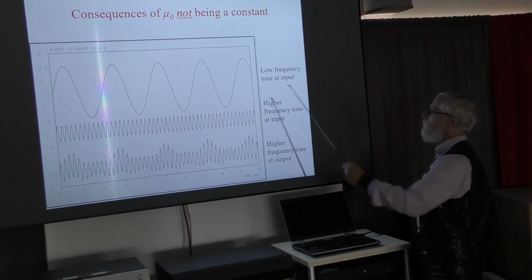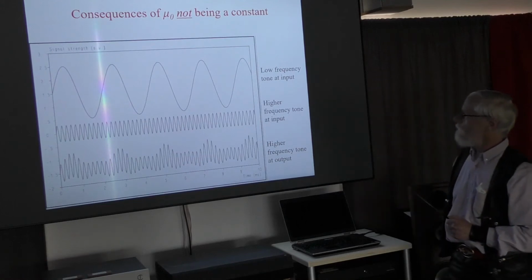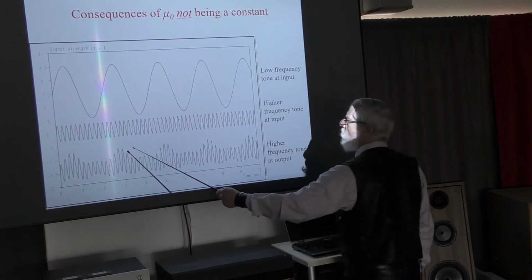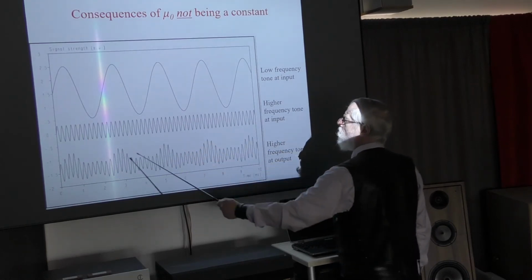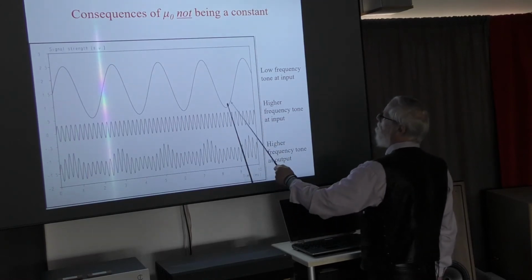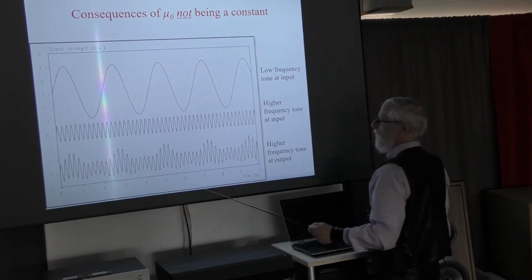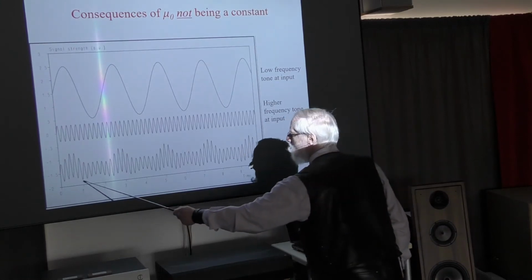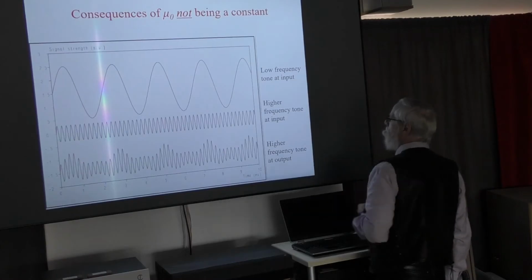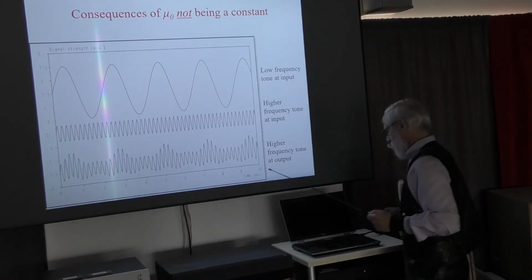I've subtracted the low frequency component, and you can see that the high frequency is modulated: in the positive parts of the low frequency cycle it is stronger, and at the negative side it's less. If you look closely, you also see the double frequency of the lower frequency.